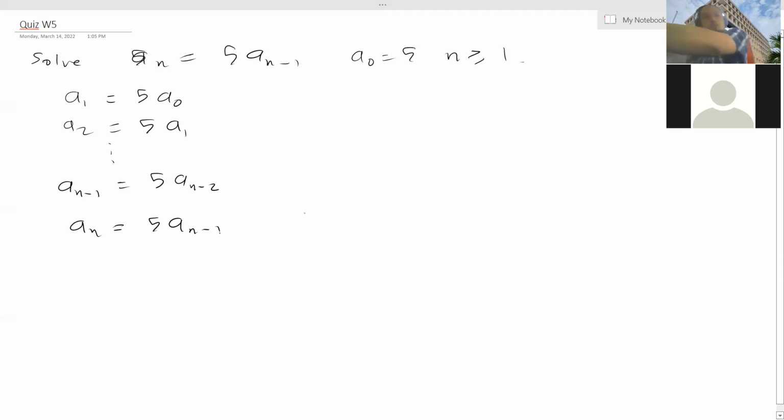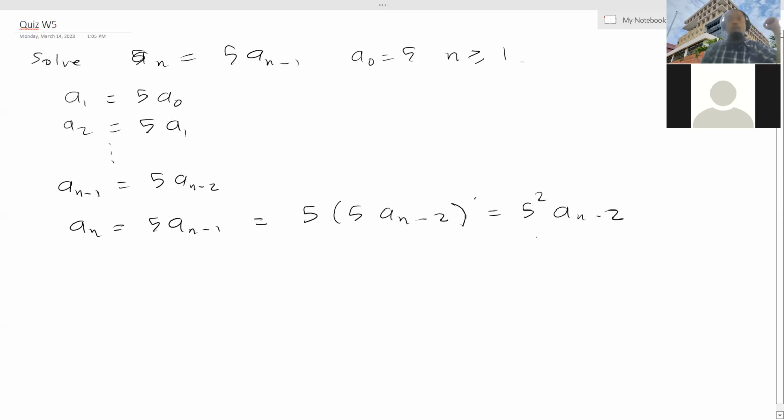So here the solution becomes 5 times 5a_{n-2}, which is 5 to the power of 2 a_{n-2}, and so on.